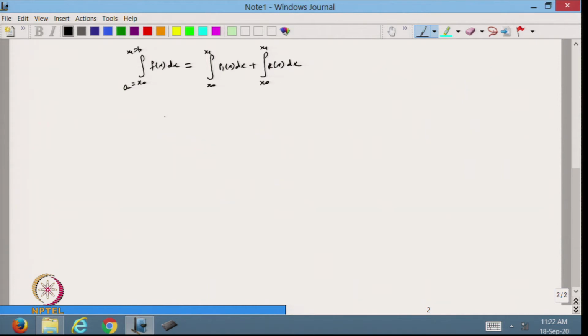First I will find this integration: the integral from x0 to x1 of p1(x), which is (x minus x1) over (x0 minus x1) times y0, plus (x minus x0) over (x1 minus x0) times y1, dx.